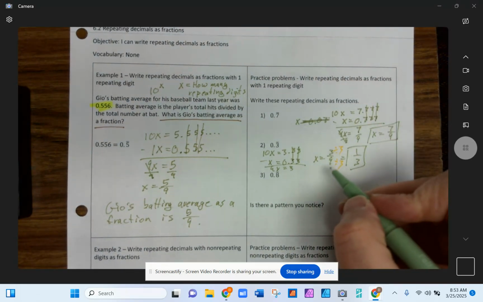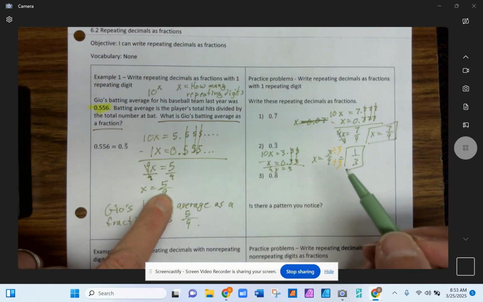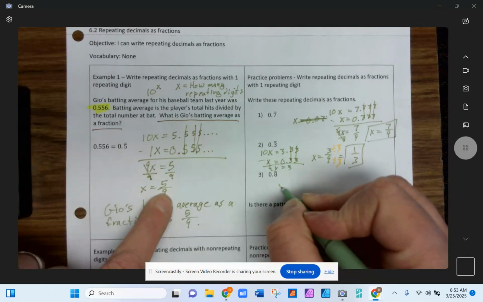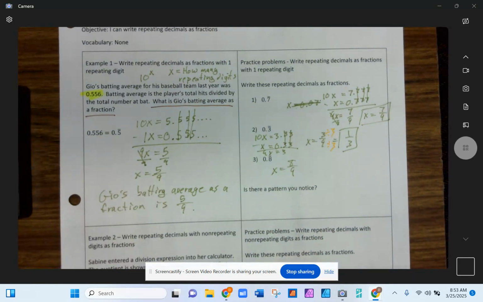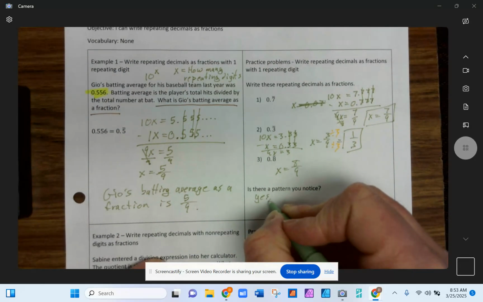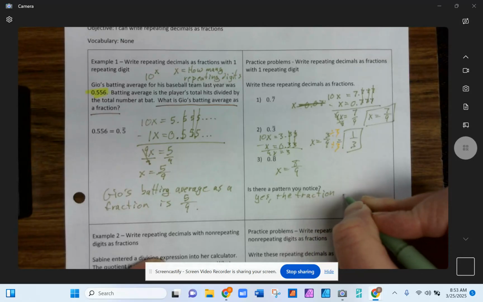Okay, now what you should start realizing here is that there is a pattern to this, right? So I don't really even need to do this because I know it's going to be 8/9. So is there a pattern that you notice? Yes, the fractions have denominators of 9.